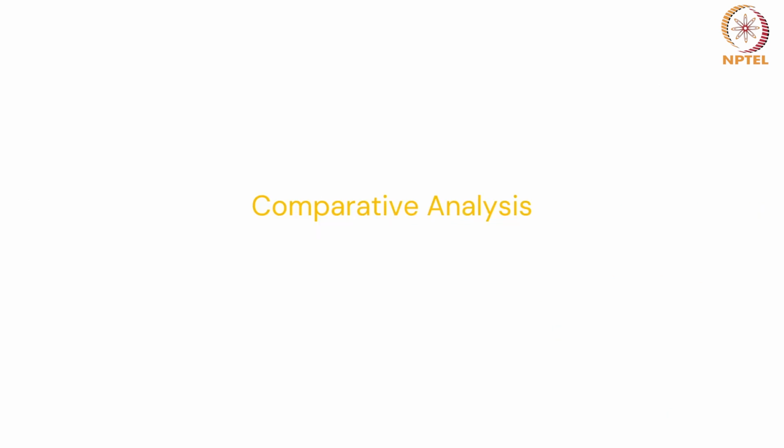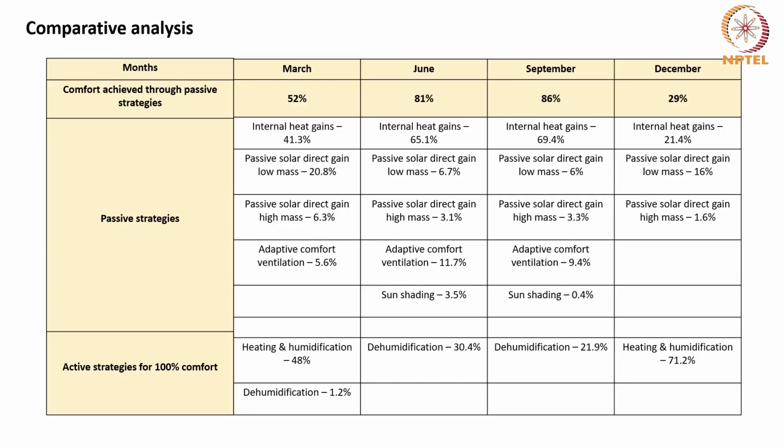Now let us compare and see what happens in all these 4 periods. So comparative analysis for Shillong, which we represent as a cold climate. What are the passive strategies and active strategies for us to have a sustainable building?